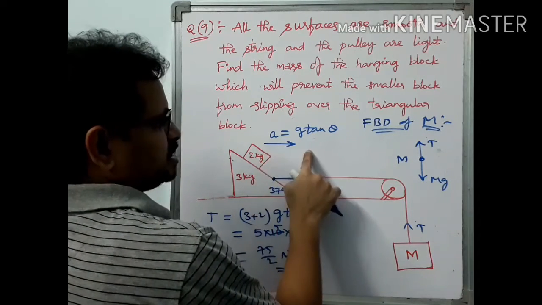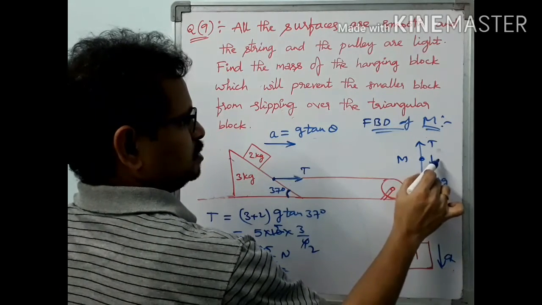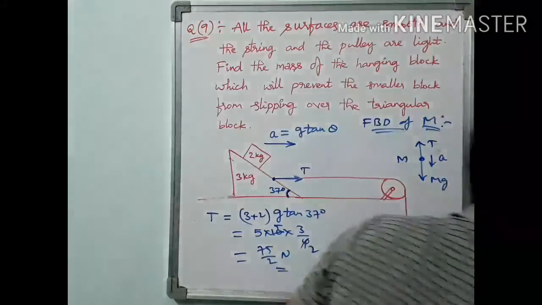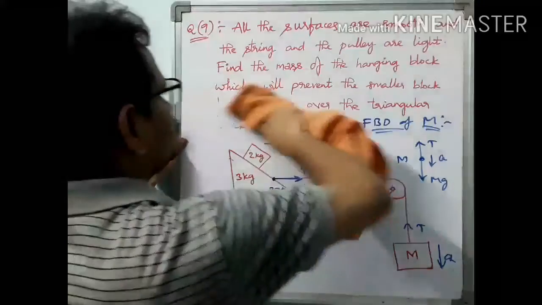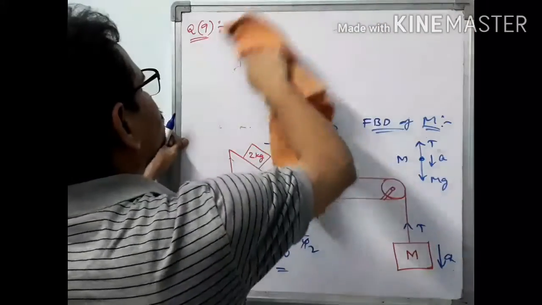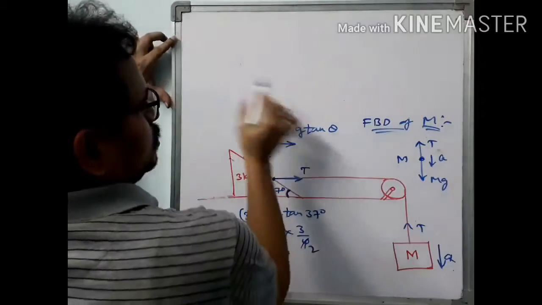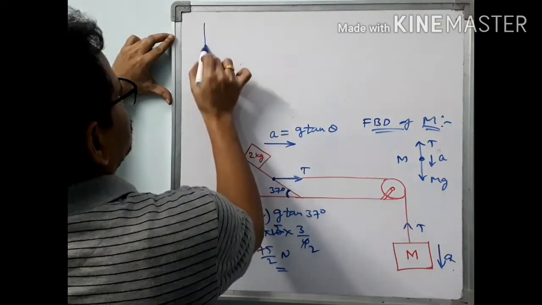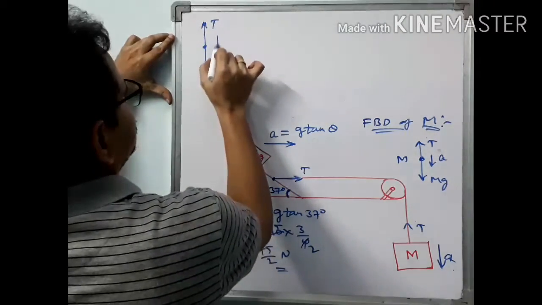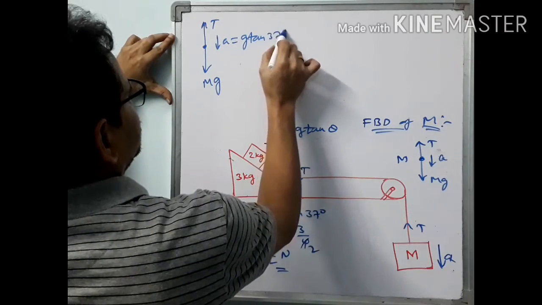If this one has acceleration rightwards, it has the same acceleration downwards, acceleration A. So T upwards, mg downwards, A equal to g tan 37 degrees downwards.